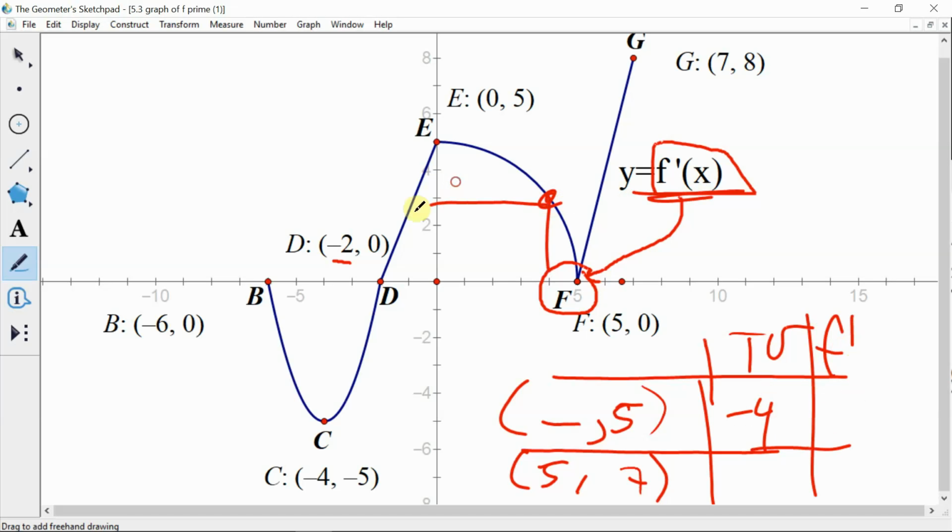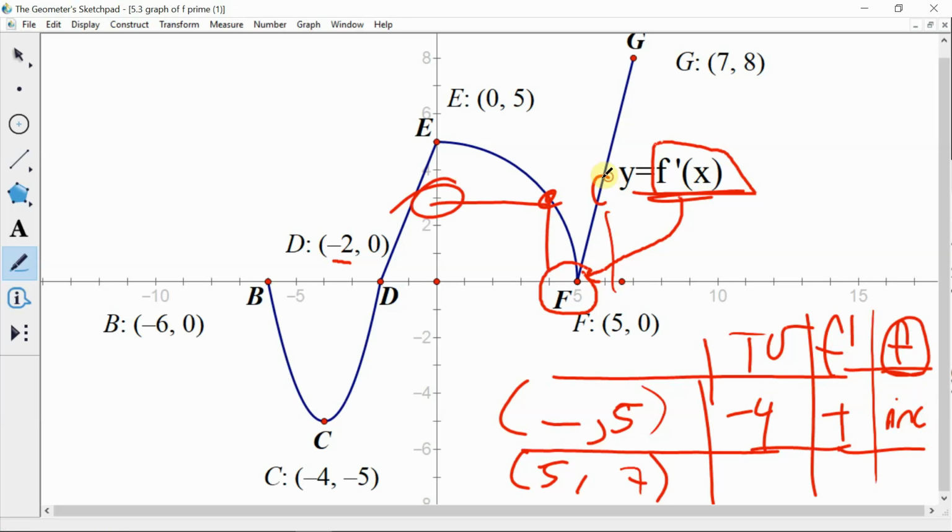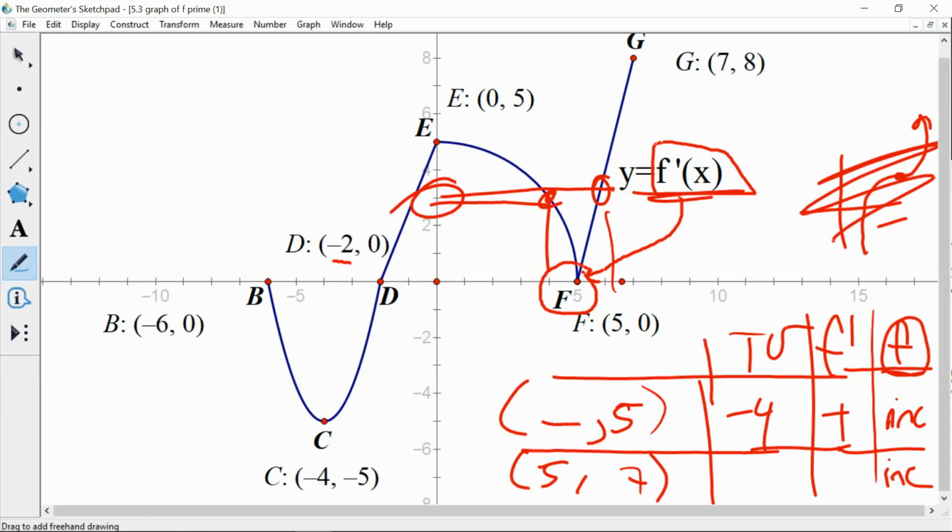This is f prime, so it's about 3-ish. So it's positive, which tells us that f is increasing. And then on the other side, do you notice that we're going to get an increasing here as well, because the y value, again, not slope, because this is f prime, this is slope. So therefore, this would be much more like a cubic thing happening that becomes a horizontal tangent, keeps going up. And so that's why I can use that whole interval.